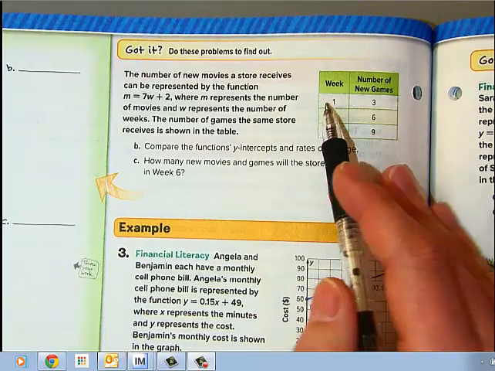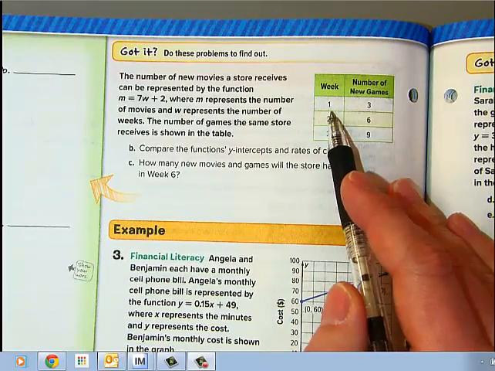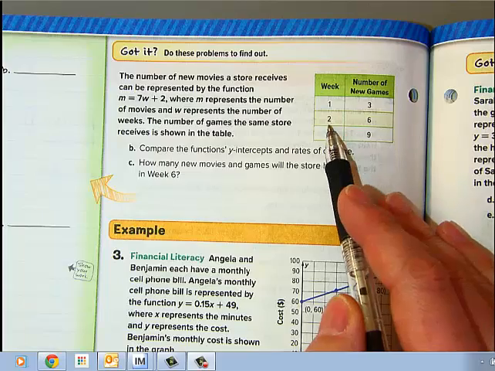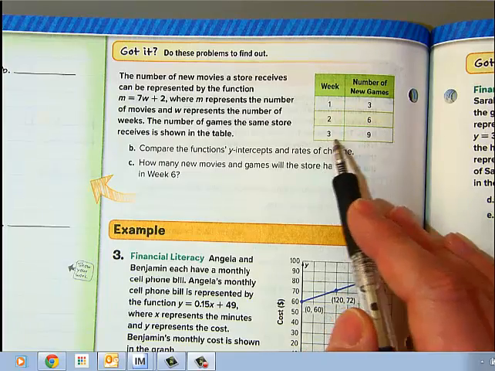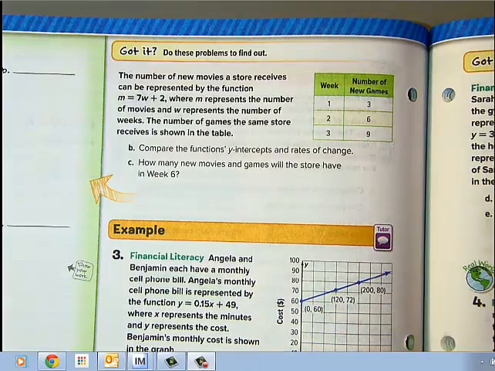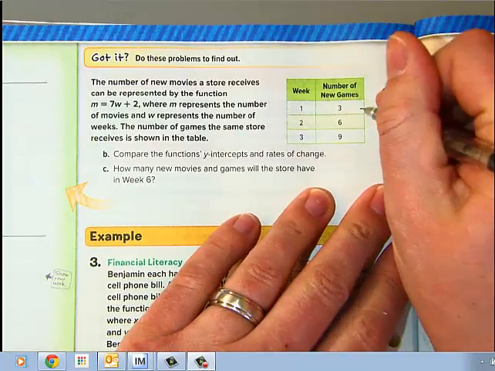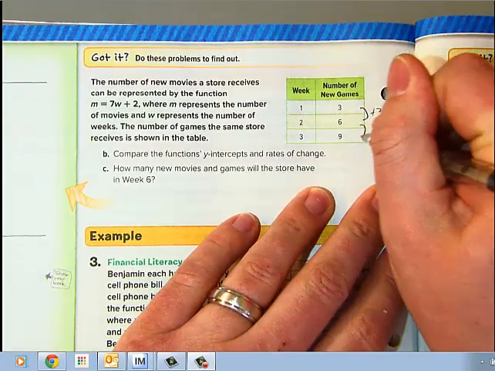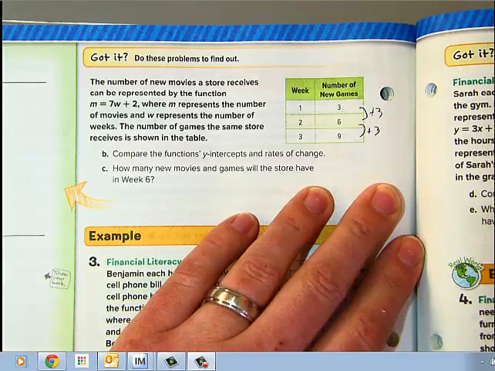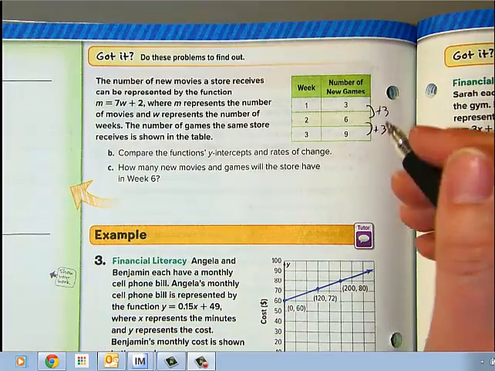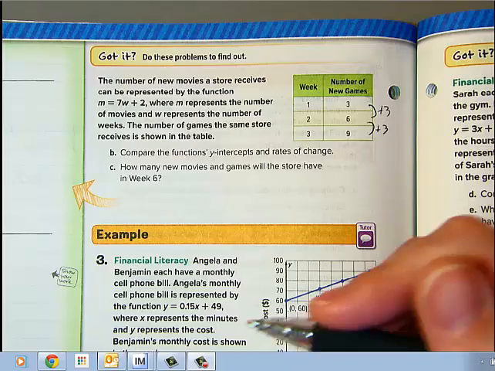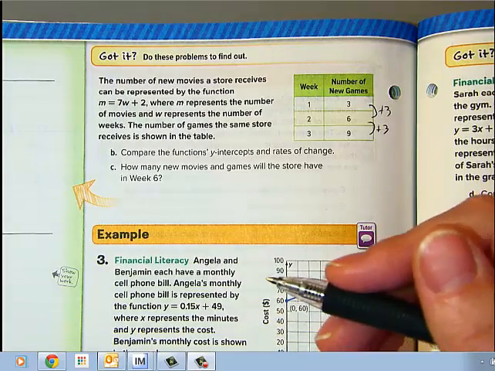So this one here, number of new games, at week 1 is 3, week 2 is 6, week 3 is 9. So what we can tell here is basically we have an increase of +3 week to week in games. All right. So what would our formula be there for games?